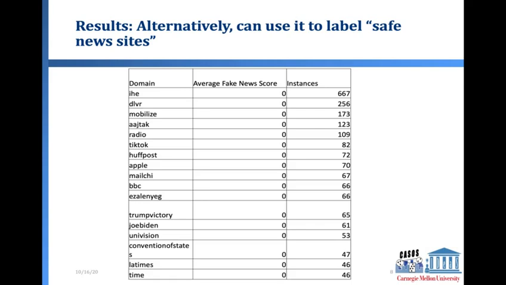Also seeing Joe Biden and then Trump victory, the domain actually links to information about Trump rallies, but seeing domains that link to or support both presidential candidates in the safe news sites is also a good indicator that this doesn't have as strong of a bias towards the left or the right.